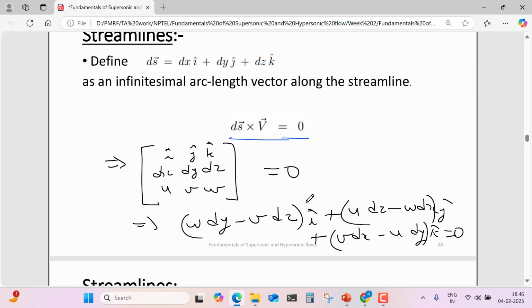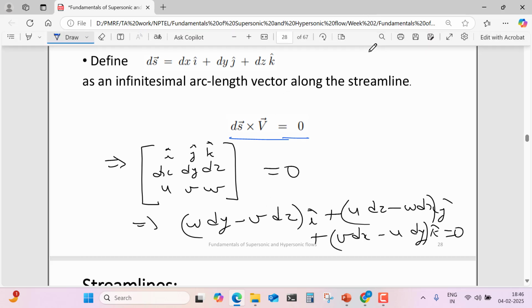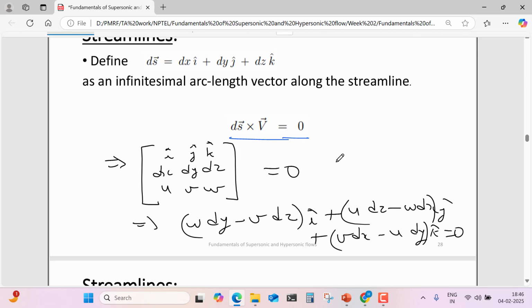If we take the vector product, we will get (w dy minus v dz) i cap plus (u dz minus w dx) j cap plus (v dx minus u dy) k cap.